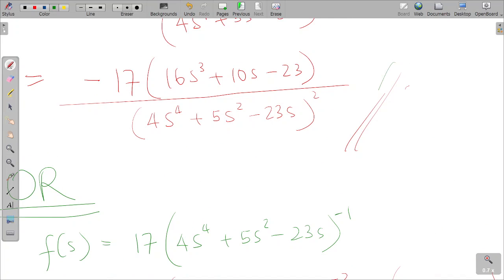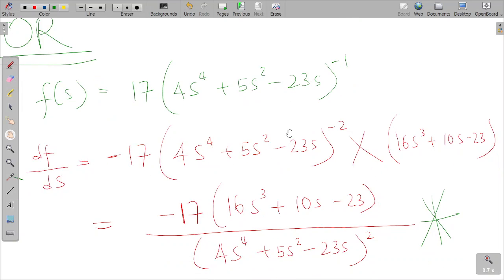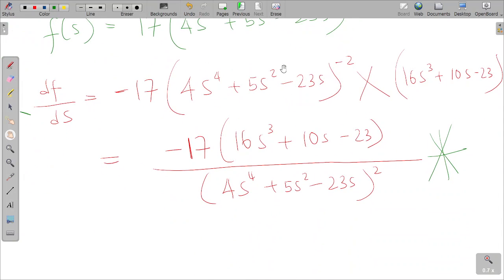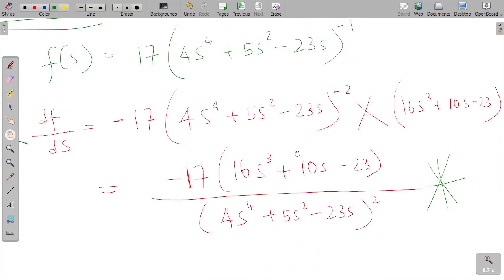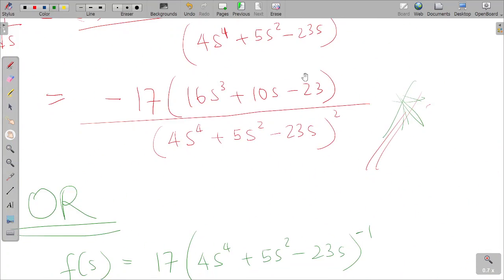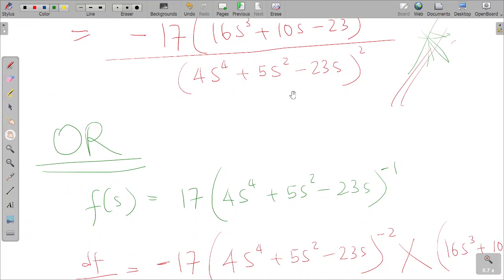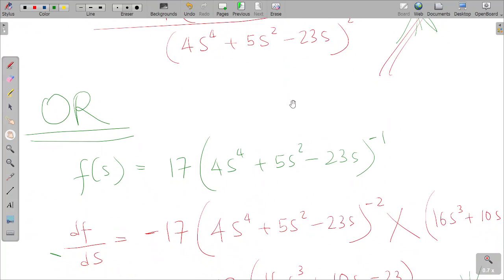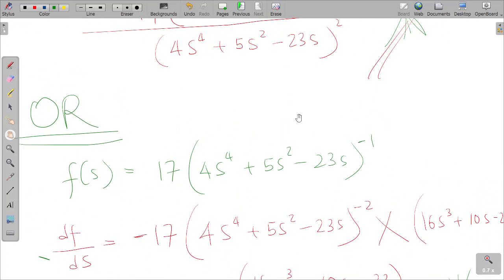Okay, so we can do it either way. Sometimes the quotient rule can be converted to something like a product rule or a chain rule, and then you can also still do it that way. So if you are not asked to use a particular rule, you can use any of the rules. You can change it into any of the rules to be used, like in this example.